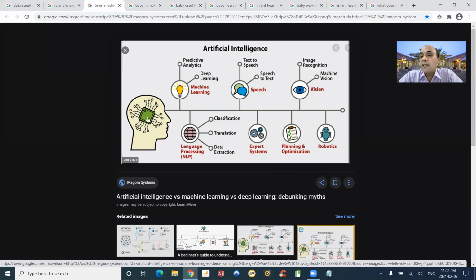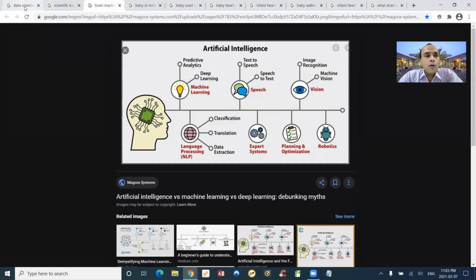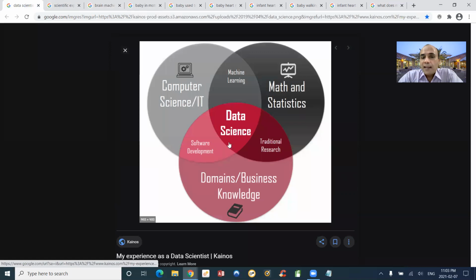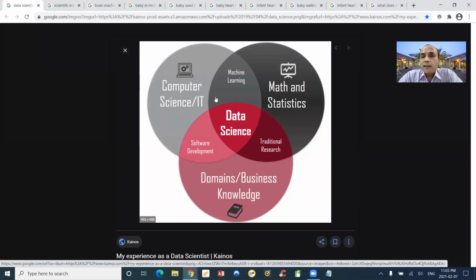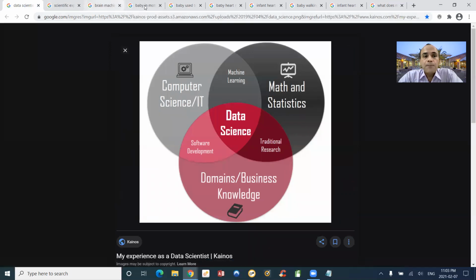From the ears, you are going to have the signals coming in. You have speech, you can have feedback, you can analyze your own speech or others' speech for that matter. All of these are supposed to have the components that we have spoken of, and that is the science, the math, and the computer science.